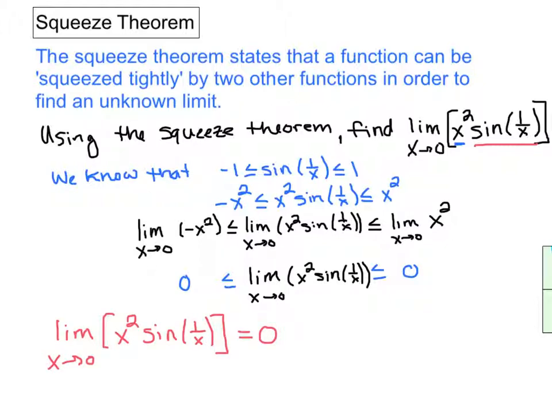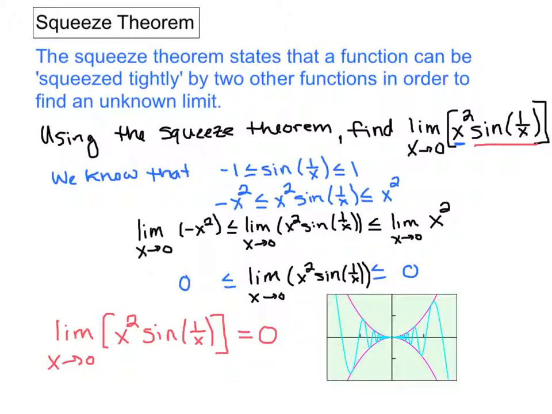So here is a graphical description of what we just did. Looking at this graph, the middle function here is our x squared sine of 1 over x.